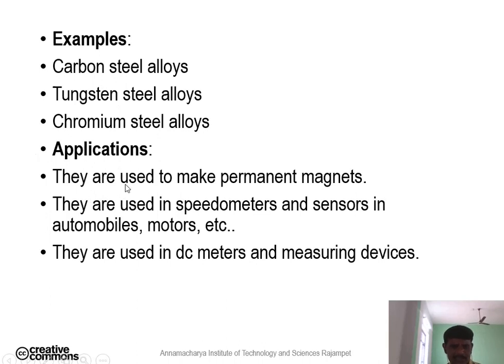These hard magnetic materials are mainly used to prepare permanent magnets, which are used in microphones, sensors, automobile motors, loudspeakers and magnetic sensing devices. So this is hysteresis and the classification of magnetic materials depending on the hysteresis loop.